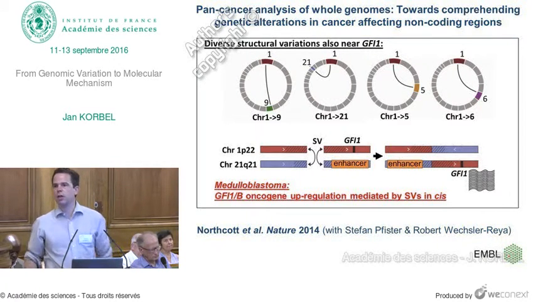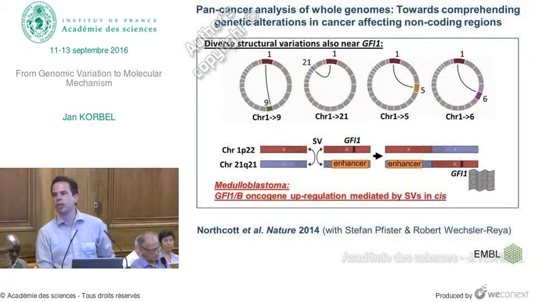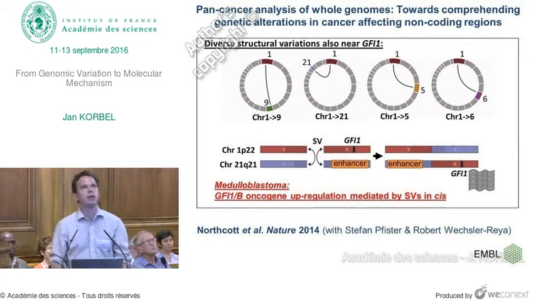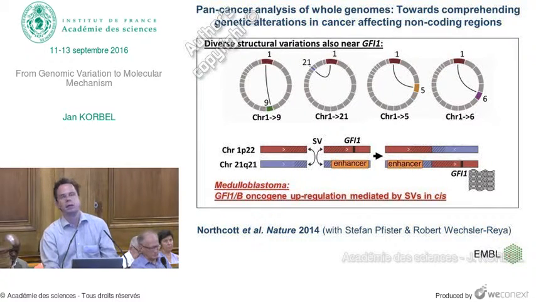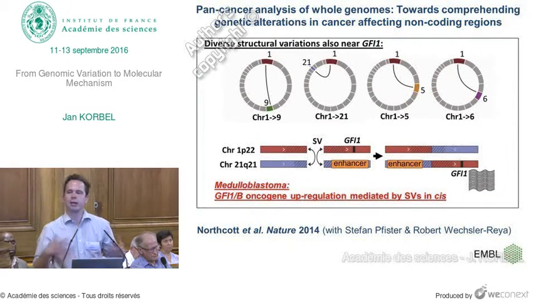And after further analysis, we found that what all of these alterations have in common is that they bring a DNA regulatory element near GFI1, in this case a lineage-specific enhancer element that is active in medulloblastoma cells. And through this, we uncovered the mechanism that we term enhancer hijacking to be a relatively abundant event in brain tumors.